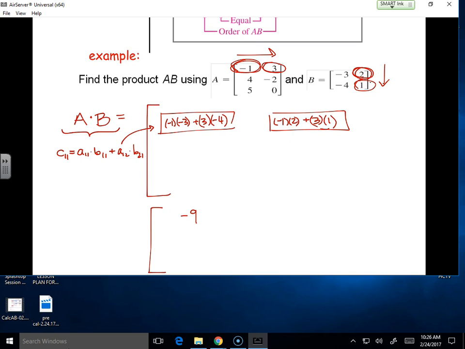So A11 times B, you cross down and then cross over down, B22. And if you can get really good at this, you can say, sweet, I'm crossing over to the next column, so I have negative 1 times 2 is negative 2, and negative 2 plus 3 times 1, negative 2 plus 3 is 1.